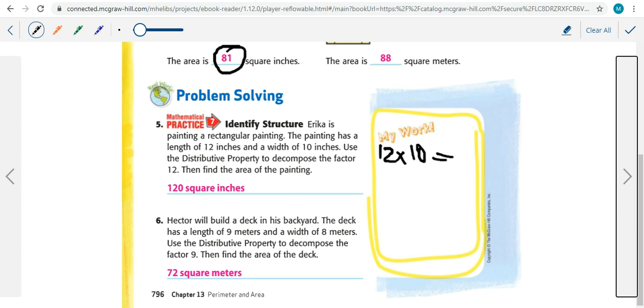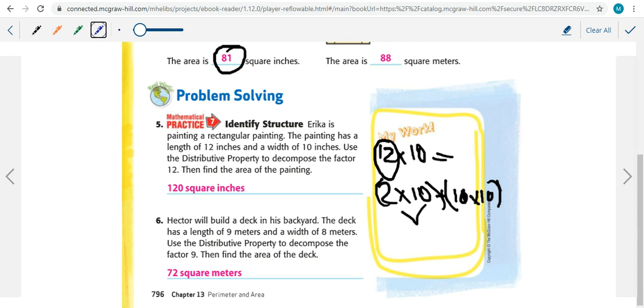Let's say that we decompose this number as 2 times 10 plus 10 times 10. You can decompose either 12 or 10, but Miss Marlene is going to decompose the first number.